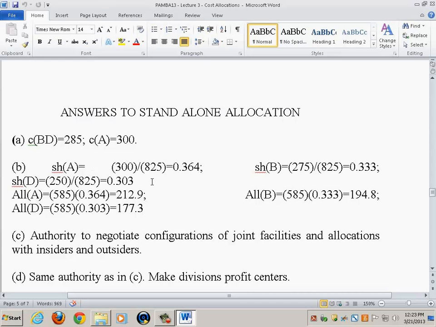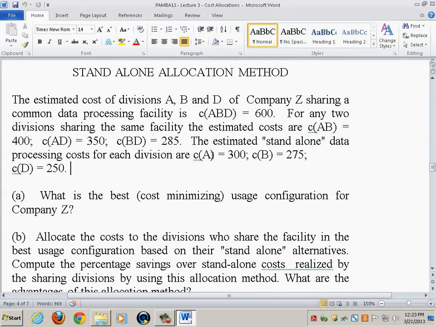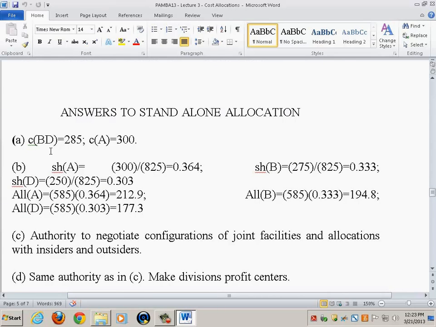So the total cost of all three of them going it alone is, let's go back here, 300 plus 275 plus 250, which is 825.